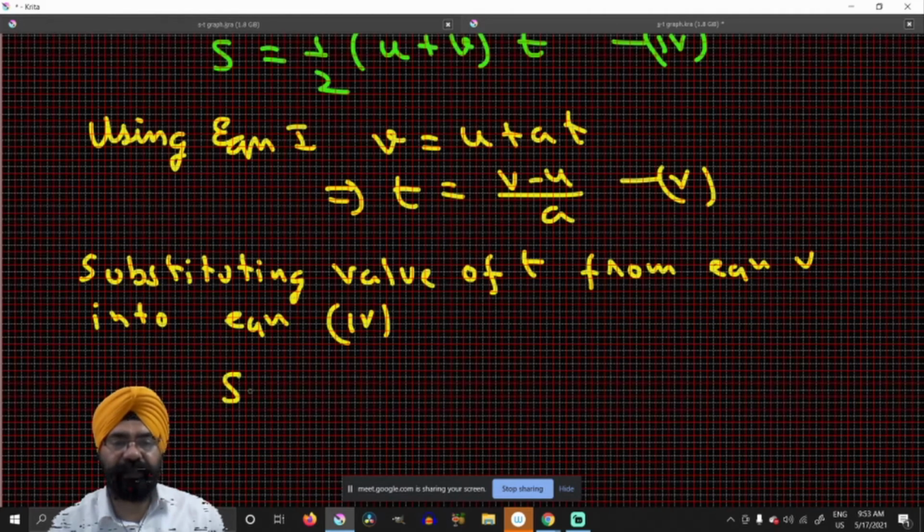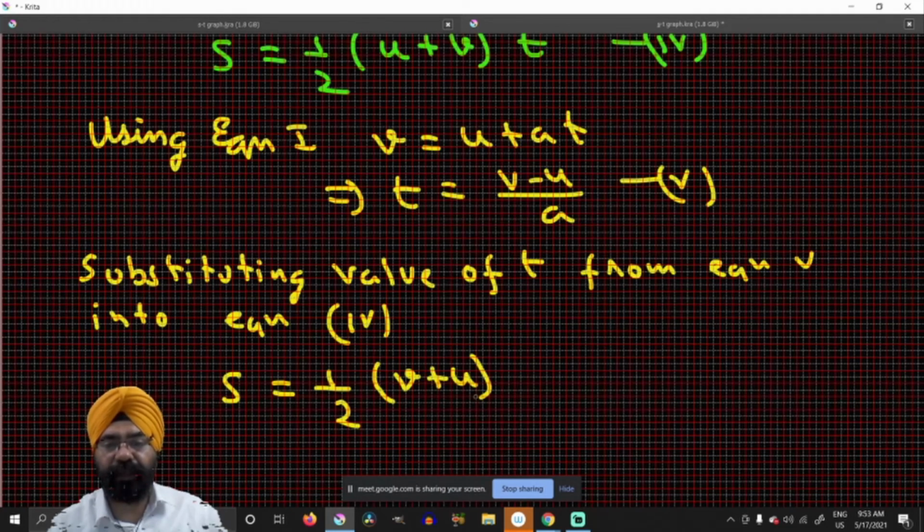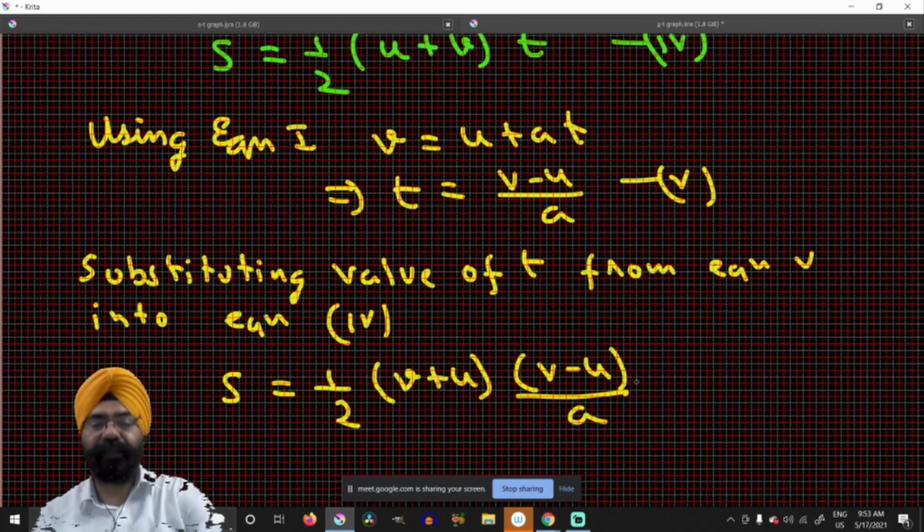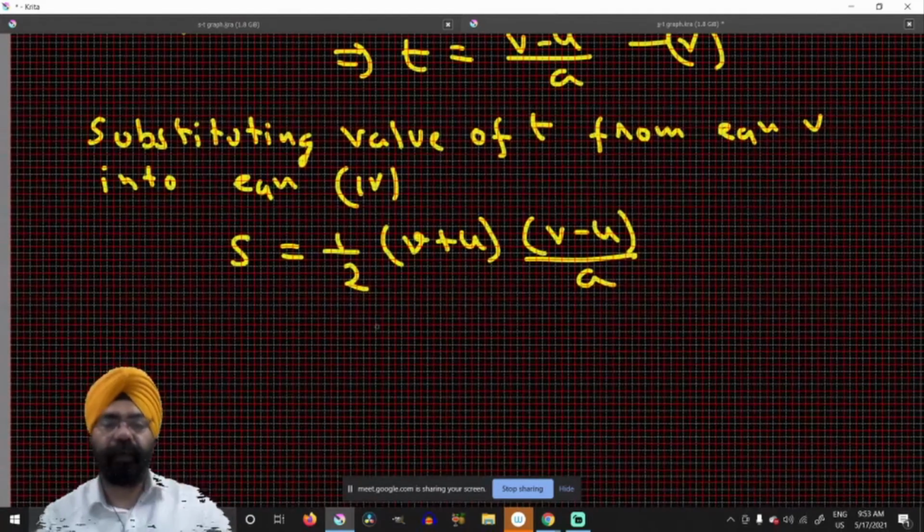It becomes S is equal to half, and I can write A plus B as B plus A, right? So U plus V I made V plus U, and this becomes (V minus U) by A. Correct? Yes, sir. Okay, so what does it become?